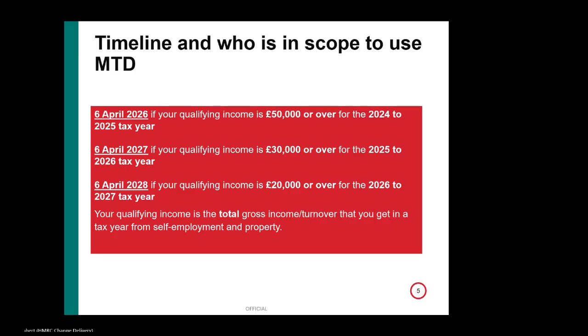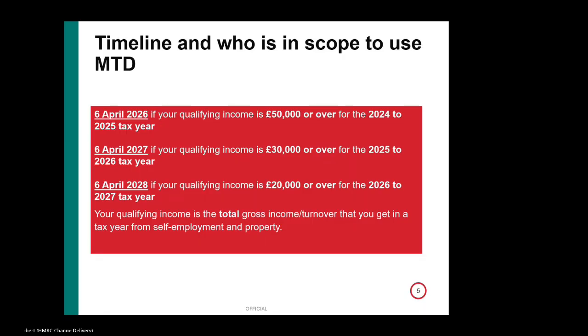HMRC will look at the 2024 to 2025 tax year to assess this. You will have to keep digital records, send quarterly updates, and complete and submit the end of year return to HMRC using compatible software for the 2026 to 2027 tax return onwards.